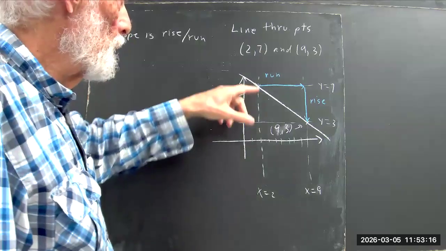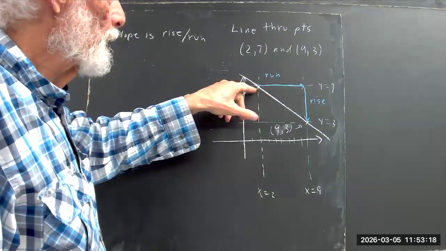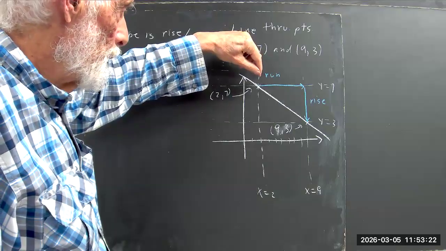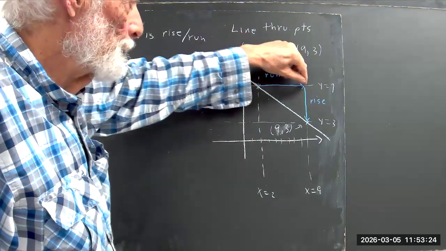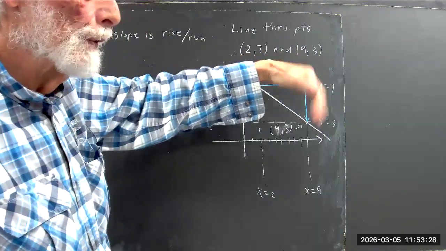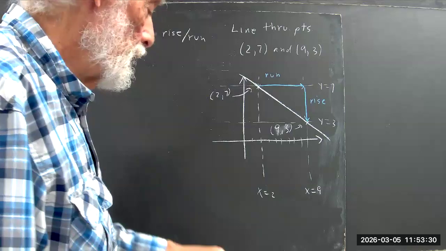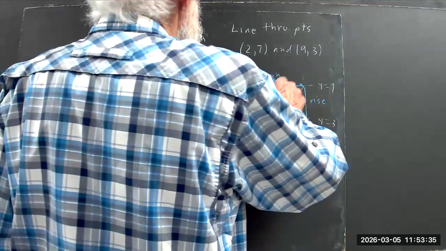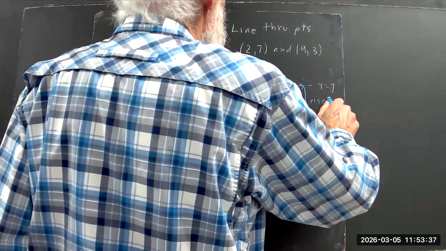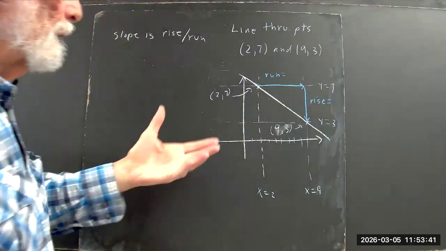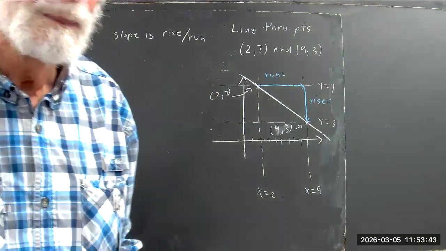Now, how far do we go along the run? How long is this arrow? And does it go in the positive or negative direction? What do you think the run is? And what do you think the rise is? So you can write run equals and rise equals, and then figure out the number.